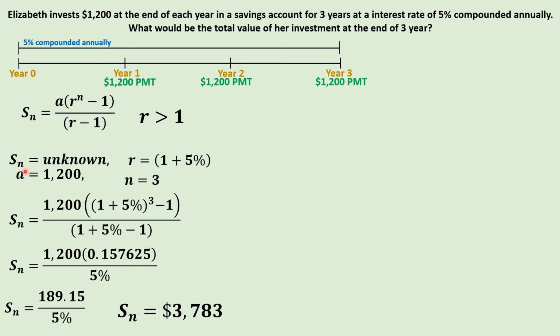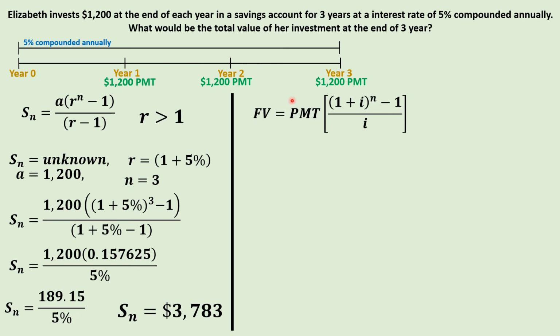We're using it as S sub n. So what we can do is just simply rearrange the formula so that your variables look similar and more understandable for you to grasp the future value of ordinary annuities.